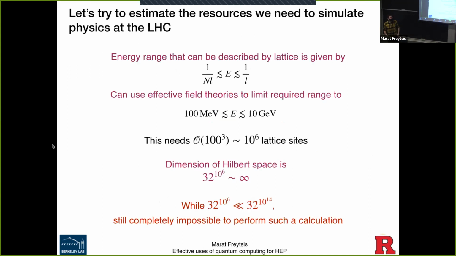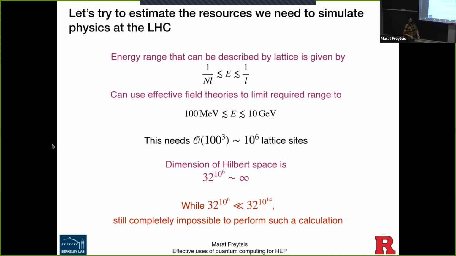Okay, so that already buys me a significant reduction. Because now, if I want to do a full intrinsically quantum simulation of that process, I only need to go from 100 MeV to 10 GeV or so. So in this hand-wavy way, we've gone from 10 to the 14 lattice sites needed for a 3D simulation to about 100,000 lattice sites.